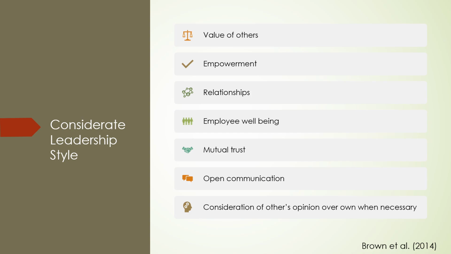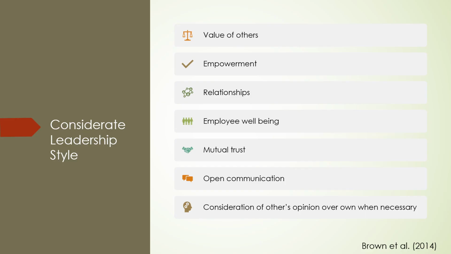Now, the next type of leadership I want to talk about is the considerate leadership style. Now, considerate leaders are characterized by inspiring and empowering others while creating a comfortable and efficient work environment. These leaders value the perspective of their colleagues and they may even value it over their own perspective.